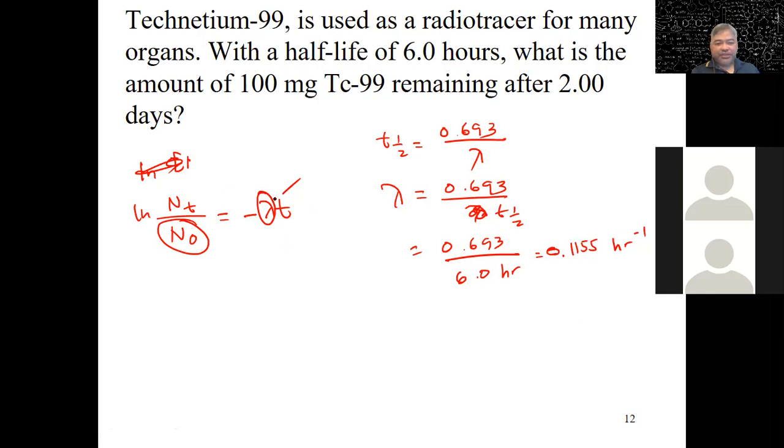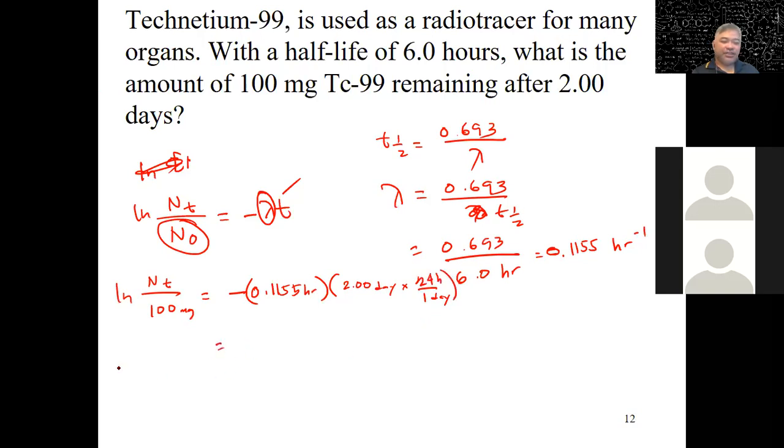So ano pa yung given dito? So ln, you're asked for Nt, and this is equal to what? 100 milligram. And then you have here 0.1155 per hour. You multiply it with what? 2 days. For 1 day, you have what? 24 hours, right?